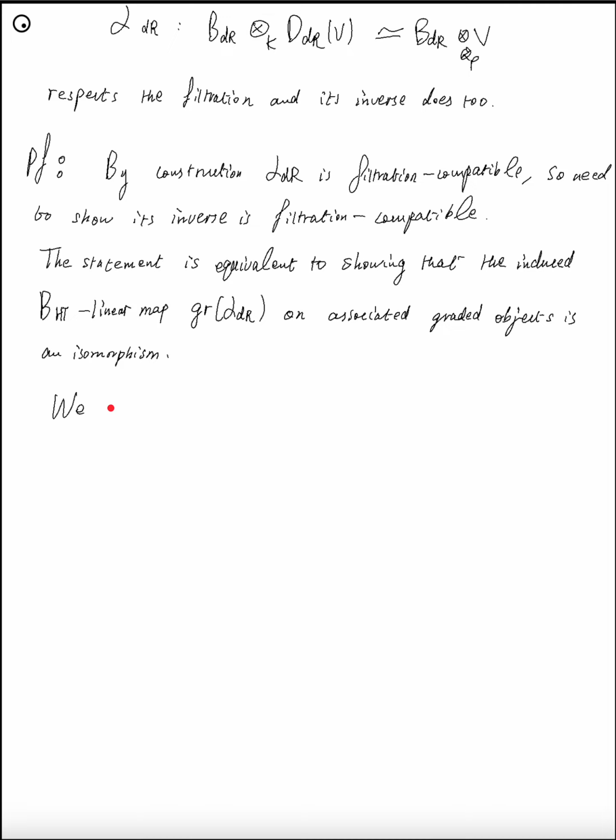So let's do that. Firstly, we know that the graded piece of B_dR tensor W is the same as B_HT tensor W. We have done this in the last exercise.